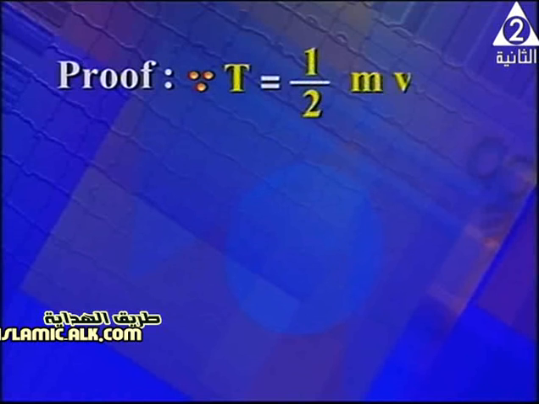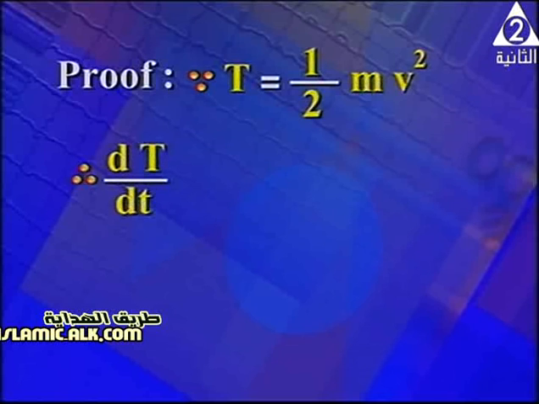The proof. Since the kinetic energy equals half m v squared, where m is mass and v is velocity, and kinetic energy is represented by capital T, T equals half m v squared.